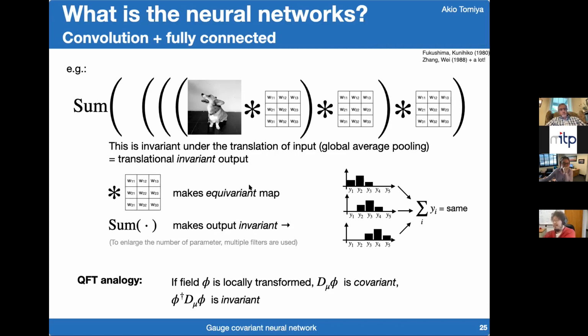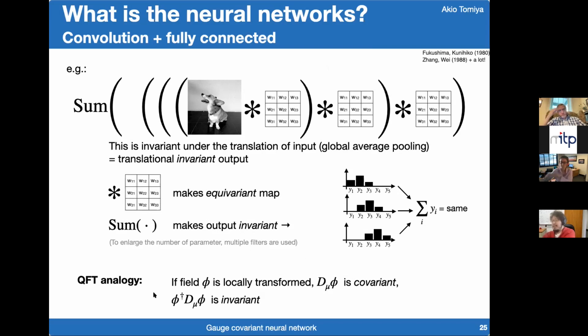The convolutional procedure makes an equivariant map, and the summation makes an invariant output. In this case, the summation of the output of this one and this one are the same. This means that this neural network is invariant under translation of the input data.